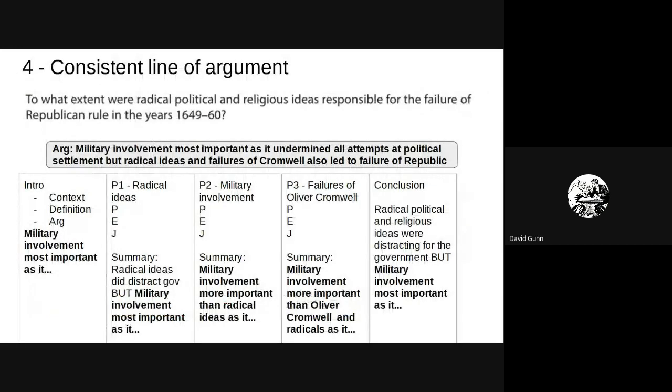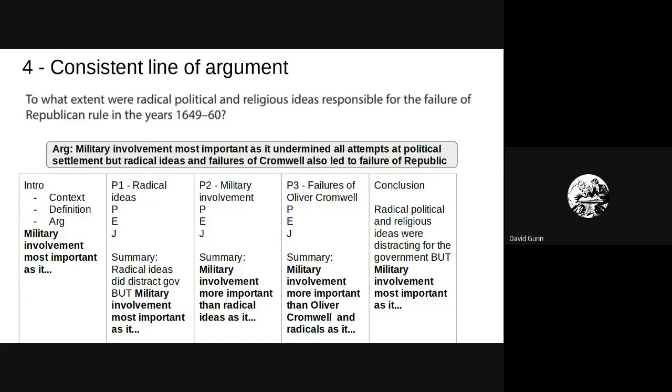Okay. So having a consistent line of argument, obviously this slide is quite busy, but I'm really trying to emphasize a point here. Having a consistent line of argument is absolutely vital throughout your essay. And here is a question: to what extent were radical political and religious ideas responsible for the failure of Republican rule?